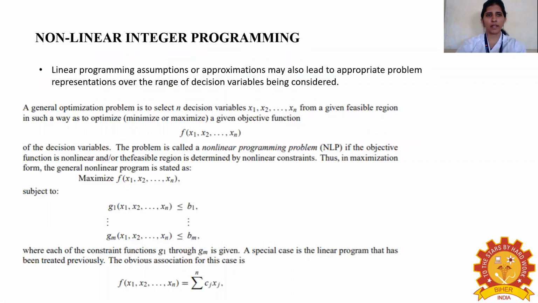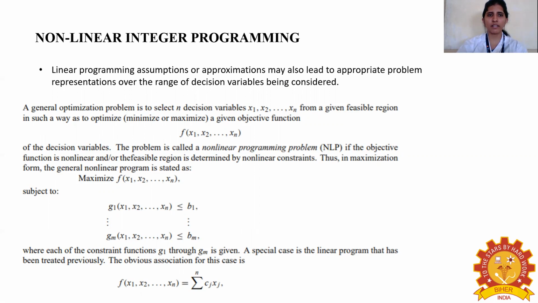So first let me explain what a nonlinear integer programming is. As you all already know, a linear programming assumptions or approximations may also lead to appropriate problem representations over the range of decision variables that is being considered. So a general optimization problem is nothing but we select a set of n decision variables called x1, x2 to xn from a given feasible region in such a way as to optimize.